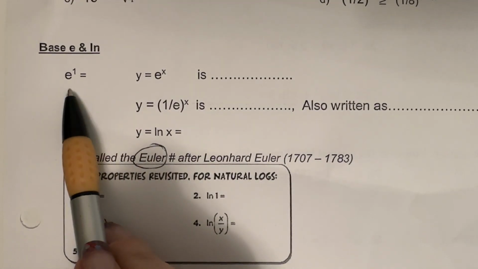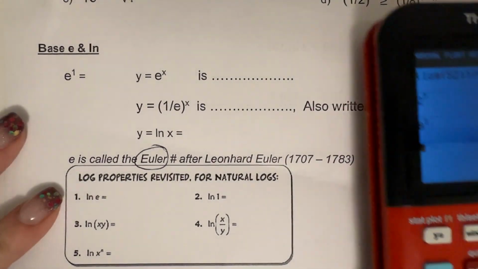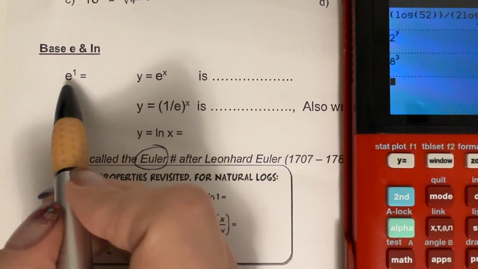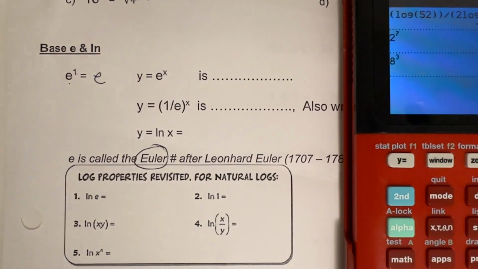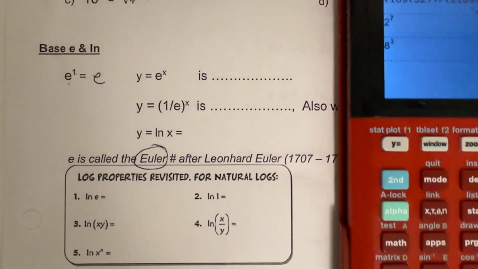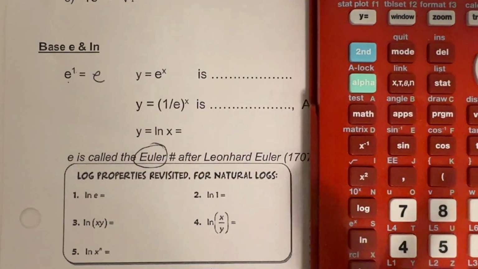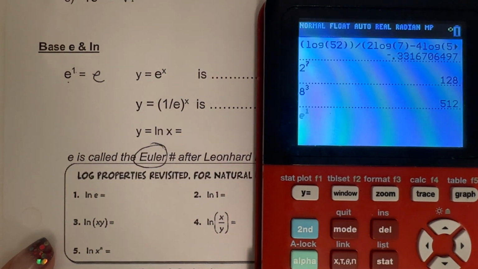Okay, so let's take a look at some of these things. So using your calculator, let's kind of like think through some of this stuff. Now, first of all, anything to the first power is just itself. Now, let's talk about what E actually represents. So if I go to my calculator and I do second and I get my E to show up, there it is, to the first power.